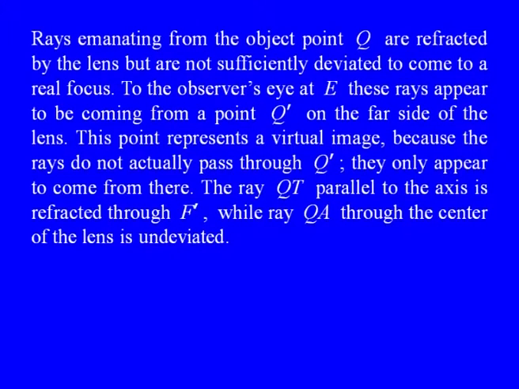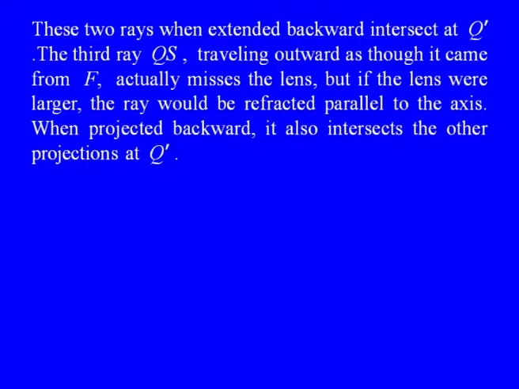The ray QT parallel to the axis is refracted through F prime, while the ray QA to the center of the lens, which is the chief ray, is undeviated. Now, these two rays, when extended backwards, as I said earlier, you have seen in the figure, intersect at Q prime.